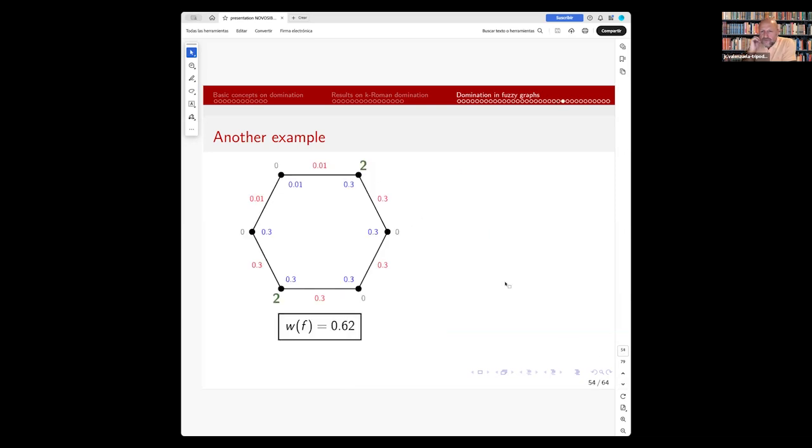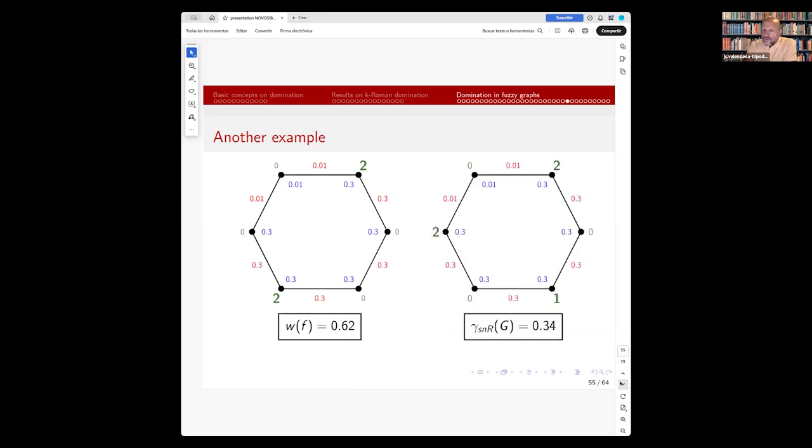But if we consider, for example, these fuzzy graphs, one can think that the strategy must be the same. But if we consider the same assignment of labels, we have, of course, a strong neighbor Roman dominating function, but the weight is 0.62.